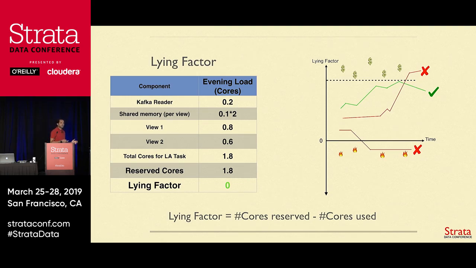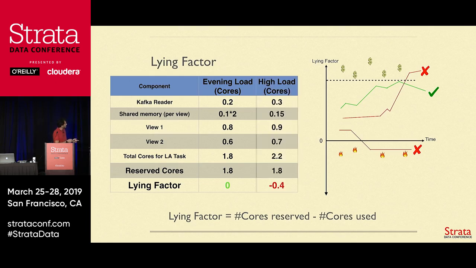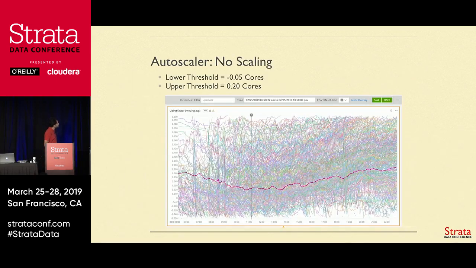A positive number over here means that you have over provisioned the container, meaning there are more resources reserved than what it actually used. And on the other side, a negative number means you are reserving fewer resources than what you are actually using. So like in the morning, the load increases on all of these components, and the lying factor becomes minus 0.4, which means you are creating trouble for other containers living on the same VM or the Amazon server.